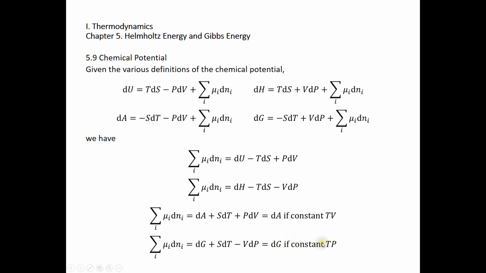On a constant temperature and pressure condition, the criterion is dG must be negative. And again, on a constant temperature and pressure condition, dT is 0, dP is 0. So dG is equal to the sum of mu_i dN_i. We draw the same conclusion. On a constant TP condition, the criterion of spontaneity is also the sum of mu_i dN_i being negative.